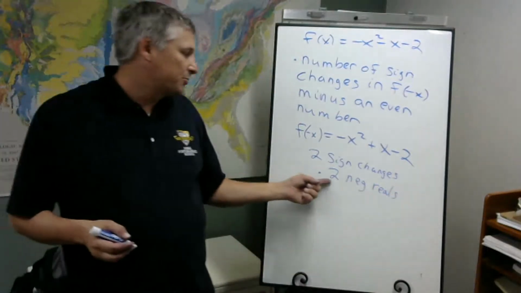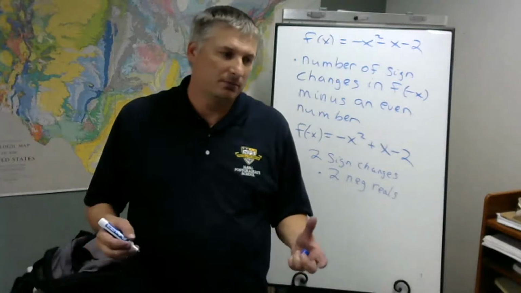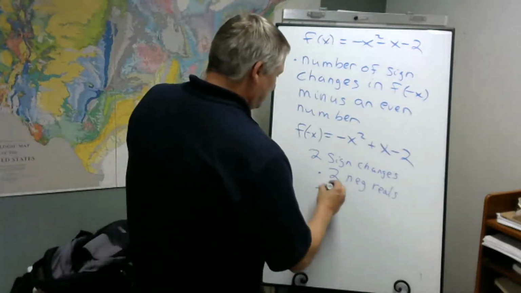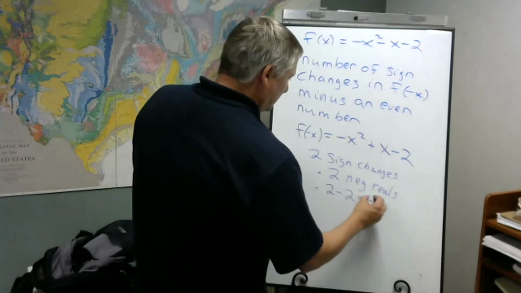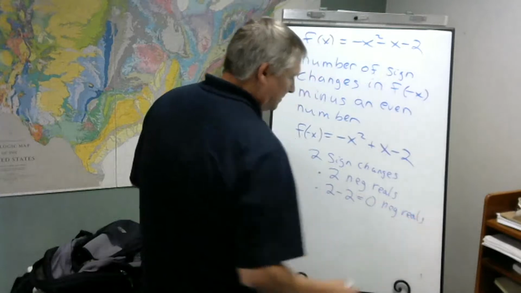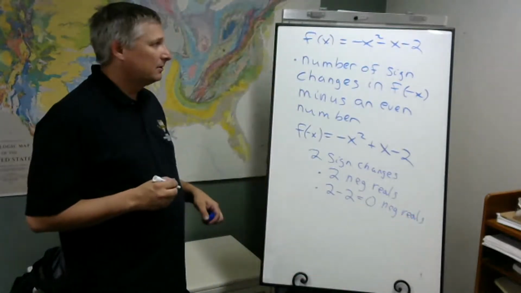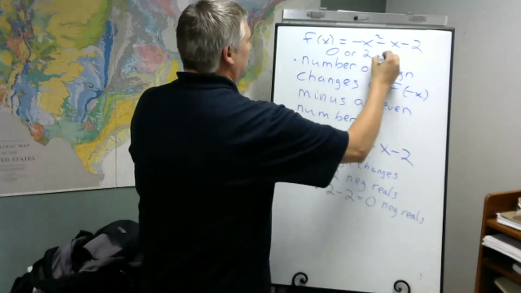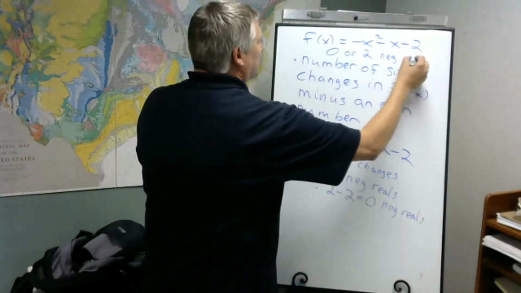But we can also subtract an even number from 2 and still get something that isn't negative. We could also have 2 minus 2 equals 0 negative reals. That's also a possibility. So this has 0 or 2 negative reals.